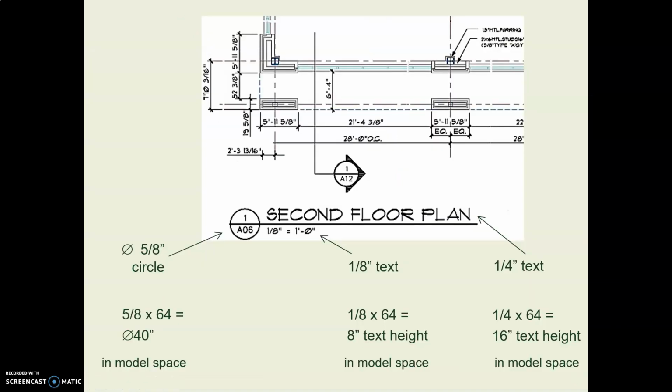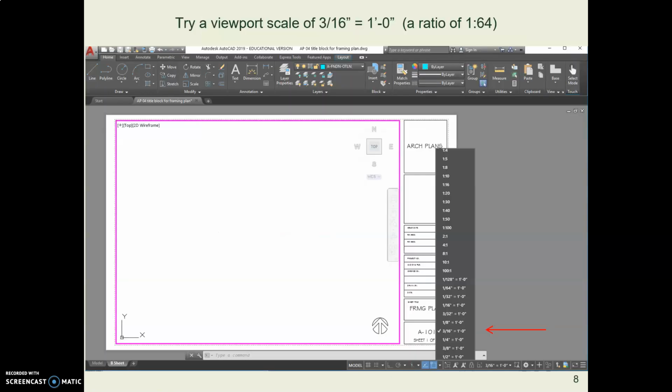Now, in model space, if you're doing this stuff in model space, let me back up just one second. 3/16 of an inch is the same as 1/64. There are 12 inches in a foot, and so if you say 12 inches divided by 3/16, you'll come out with 64.